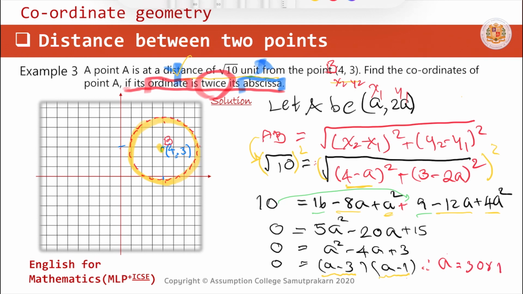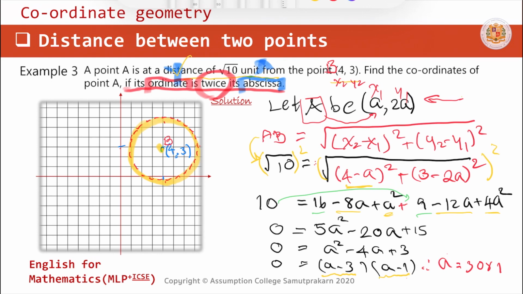But the question is, what are the coordinates of the point A? So the coordinate of the point A is here, right? The coordinate of point A is a paired with 2a.